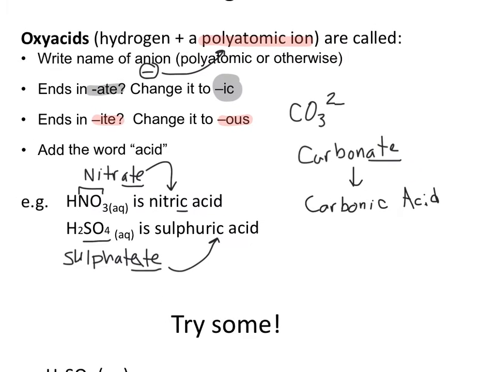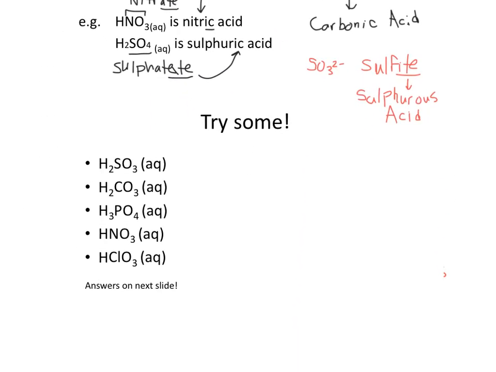So if we had the ion SO3 2-, which is sulfite, so sulfite has ITE, which turns into sulfurous acid. So basically, you look, does it have an A? Then it's an ic. Does it have an I? Then it's an ous.